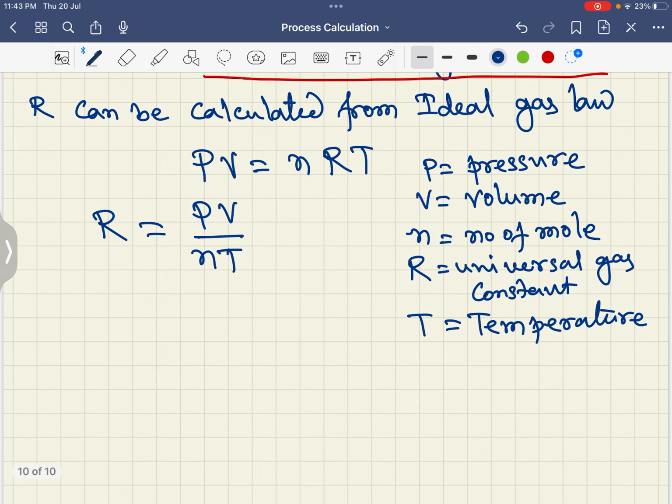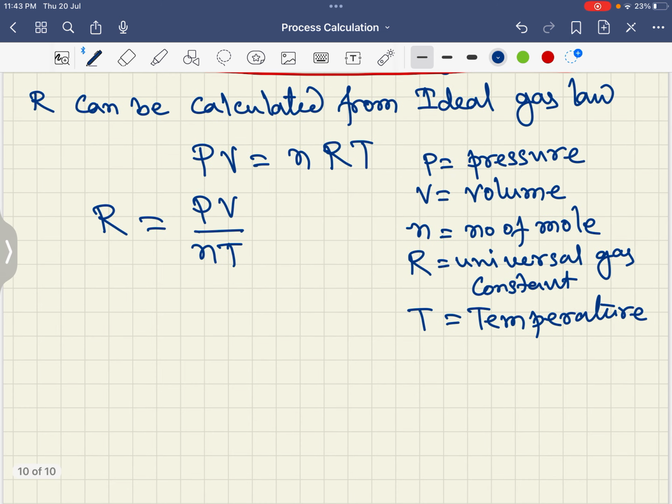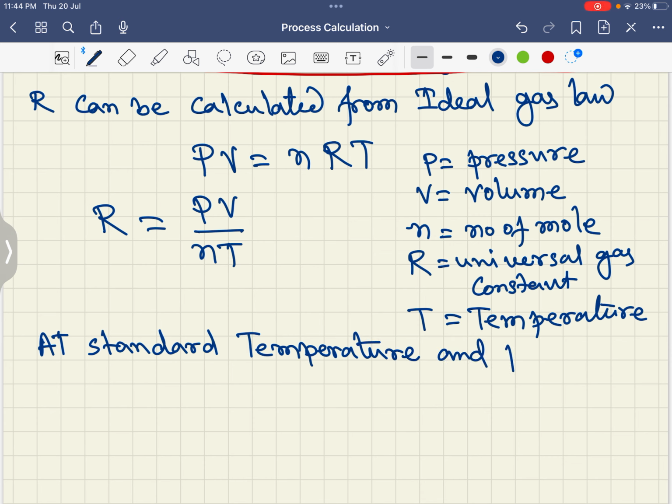Now at standard temperature and pressure, that is called STP.